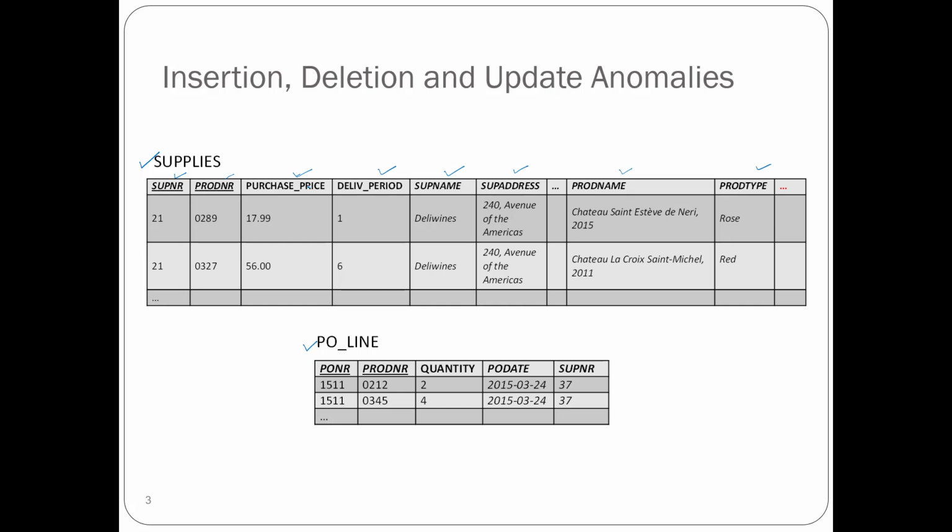Here, a supplier may supply multiple products, and a product may be coming from multiple suppliers. Therefore, just the supplier number or just the product number is not going to be enough for our primary key.